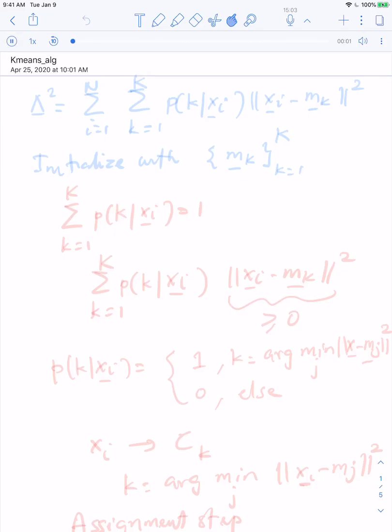Okay, so let's look at how k-means is greedy alternating minimization of the cost function we had written down. Let me write it down again.